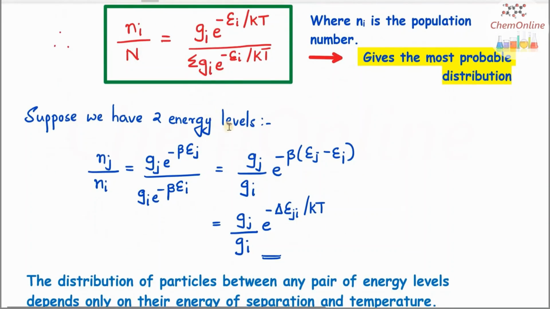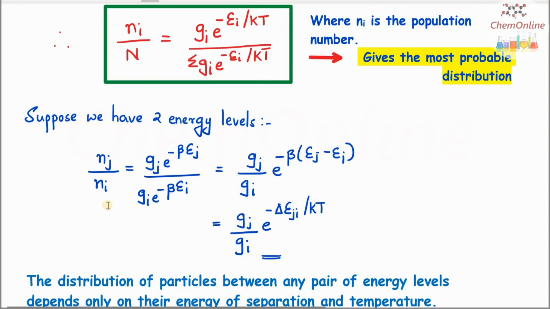Now suppose we have two energy levels, εj and εi. So the number of particles in these levels, if you take the ratio Nj/Ni, will be equal to gj e^(-βεj) divided by gi e^(-βεi). In each case the denominator is the partition function, which is a constant, so we have written only the numerator terms.